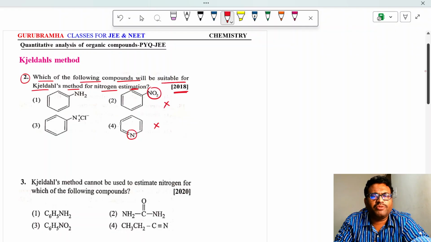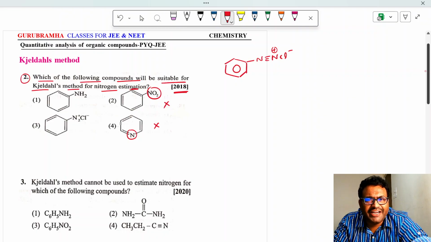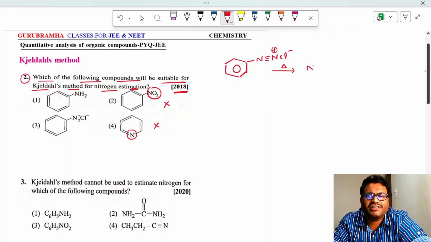This is diazonium chloride, N triple bond N plus Cl minus. In the Kjeldahl method you are heating it, and when heating, this nitrogen can escape because it is unstable on heating. So it releases nitrogen gas.